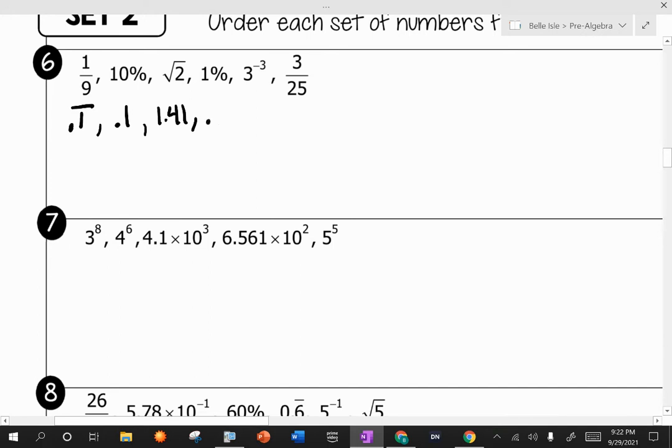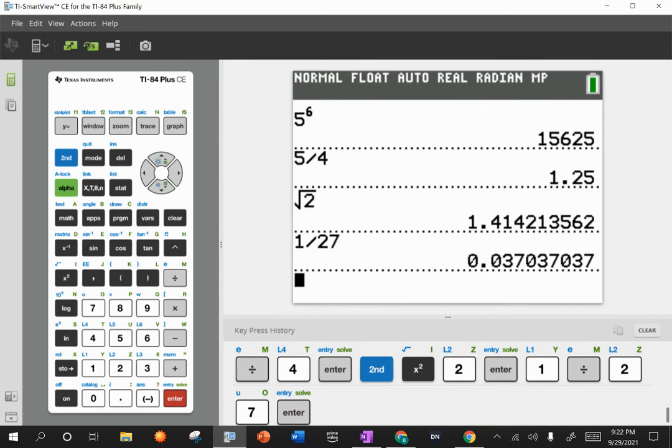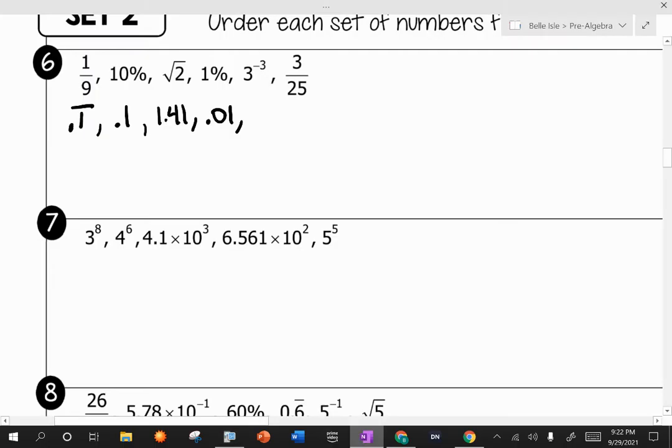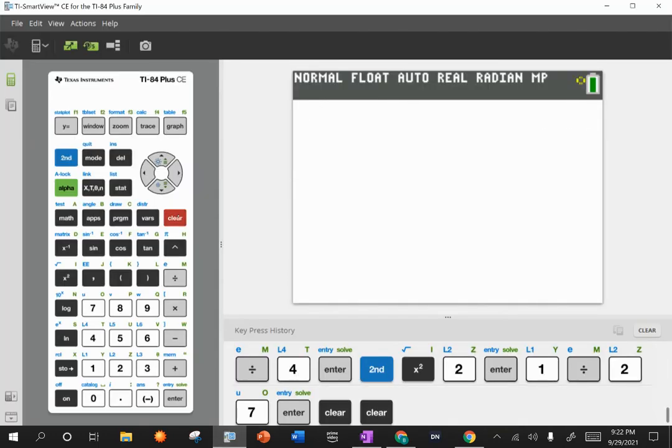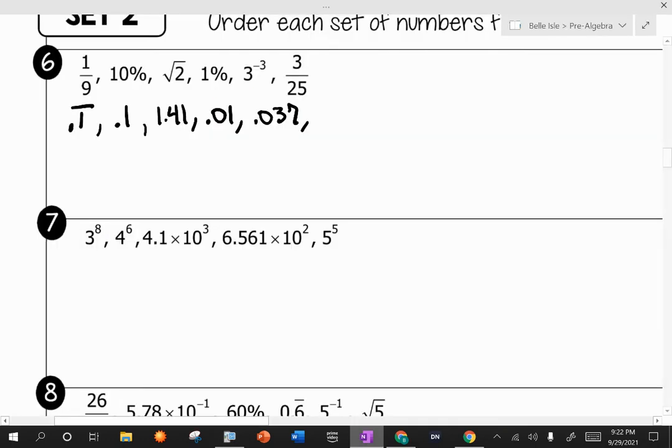Okay, 1% is going to be 0.01. 3 to the negative third is going to be 1 over 27. So we'll do 0.037. And then 3/25 is going to be 3 divided by 25, which is going to be 0.12.